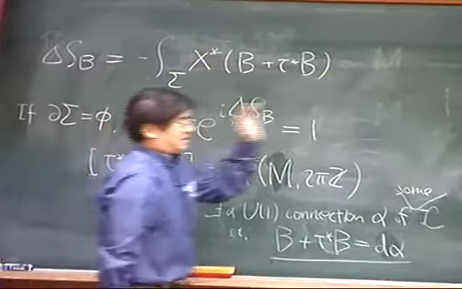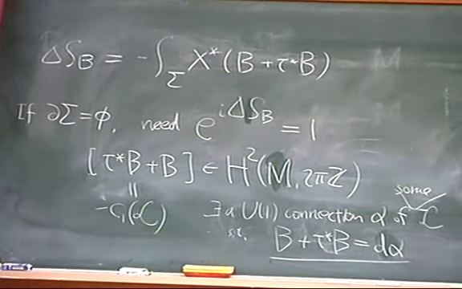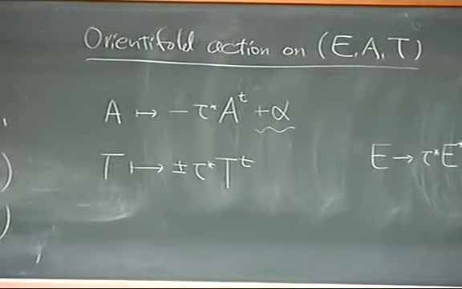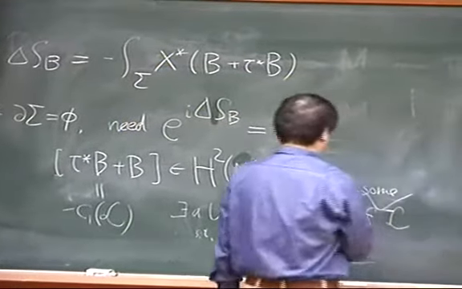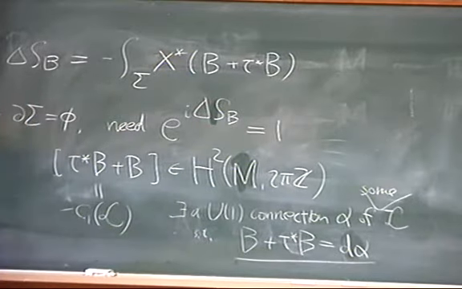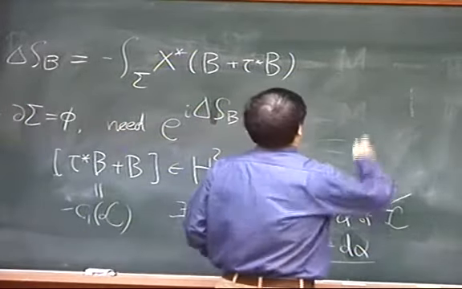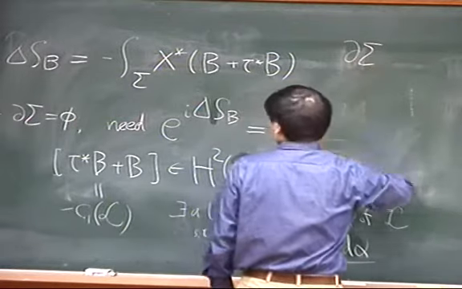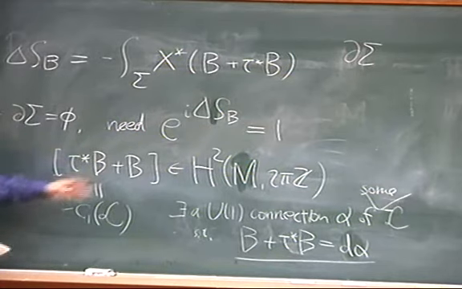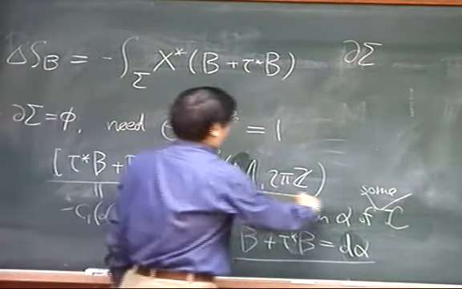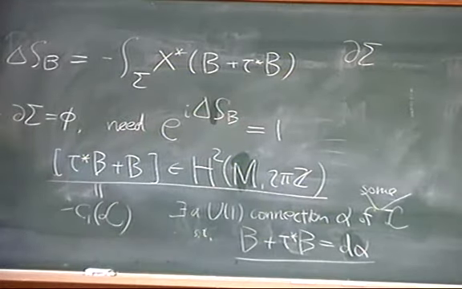To see that this is required, you can look at this worldsheet with boundary. So now we require the existence of such alpha. That's a condition for B. The B field is not arbitrary, but it has to obey this condition, from this consideration of invariance for this transformation to be a symmetry of the closed string theory.